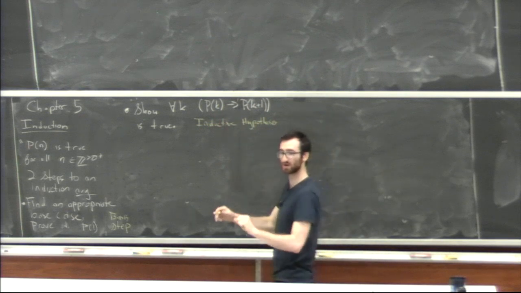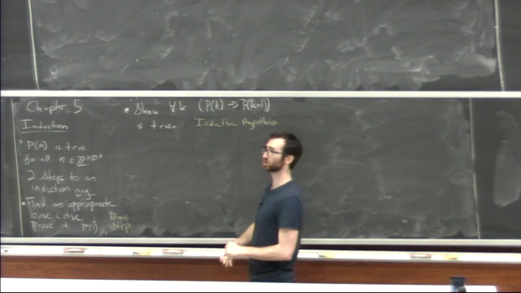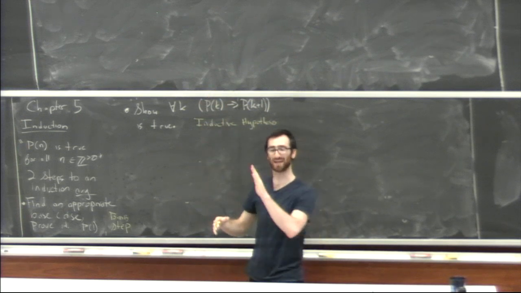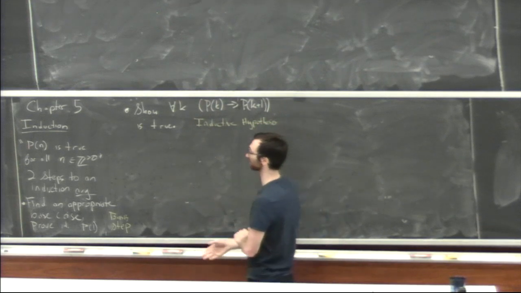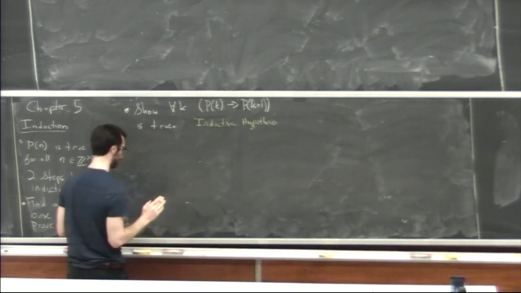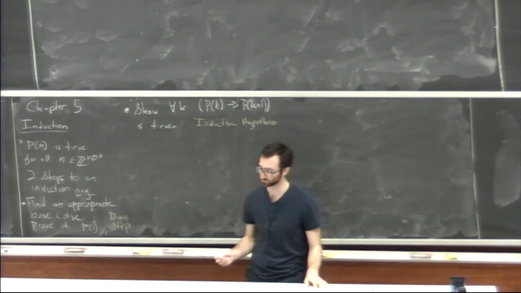So if you know how to get onto the ladder and you know how to move one rung up, then there should be no rung on the ladder that you can't climb to. That's a metaphor that I think is nice for understanding the structure of this argument.